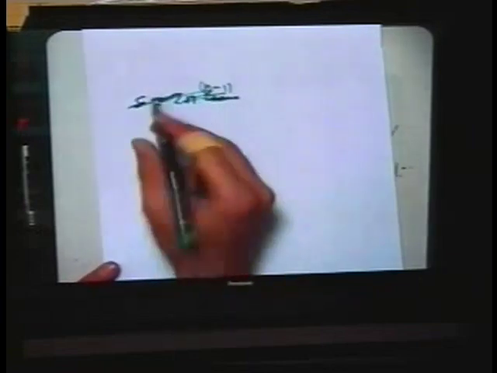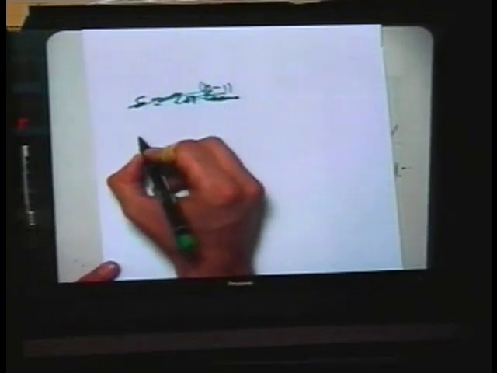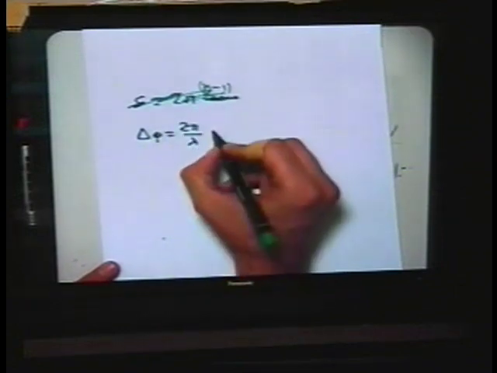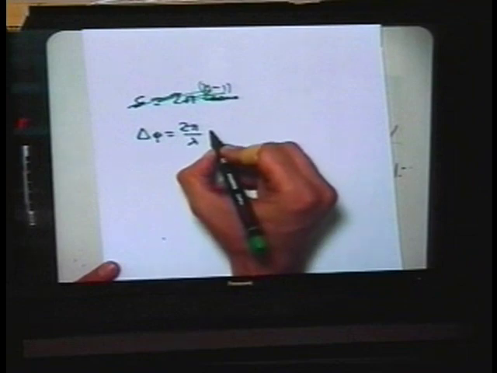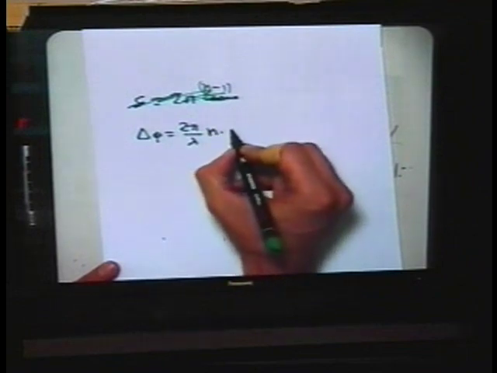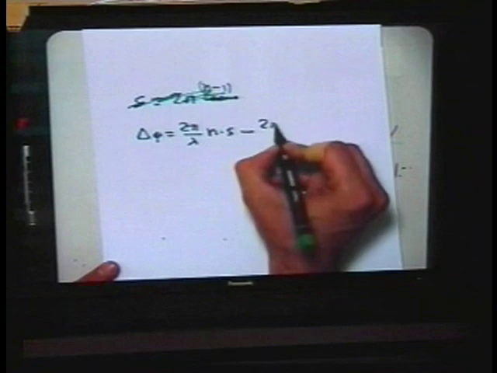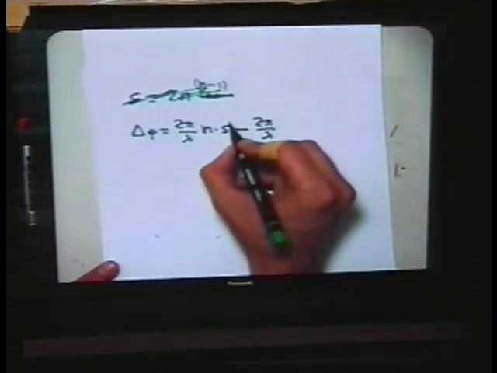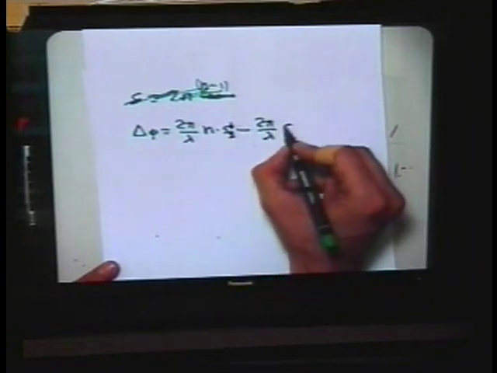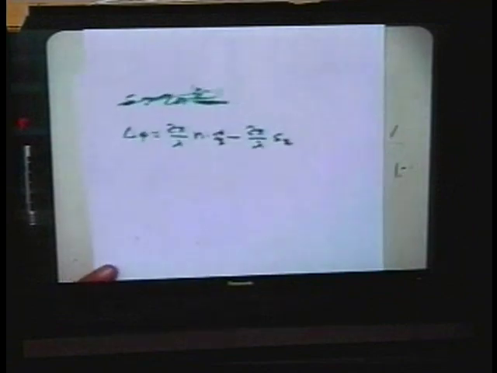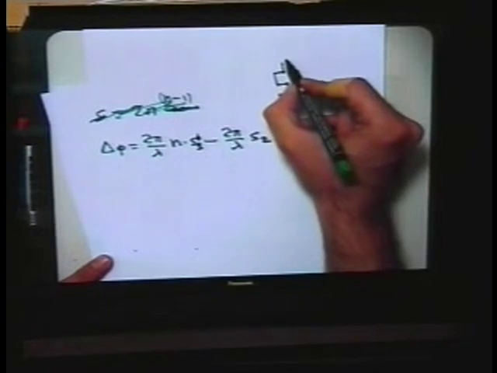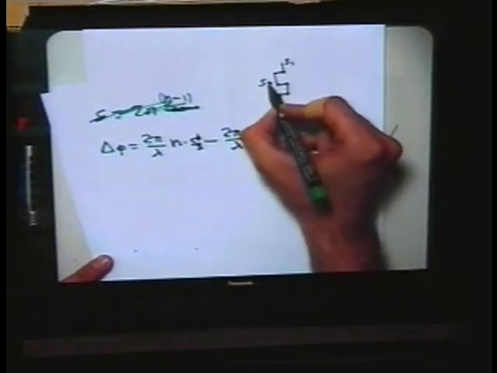Let me get this straight. So delta phi equals 2 pi over lambda times n times s1 minus 2 pi over lambda times s2, where this is s1, this is s2, right?